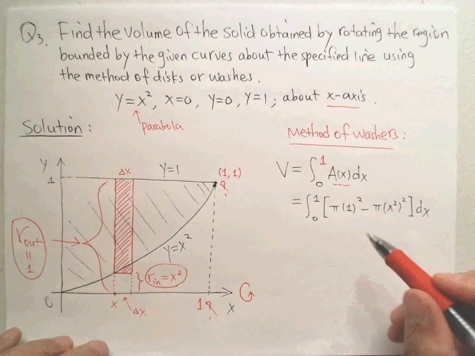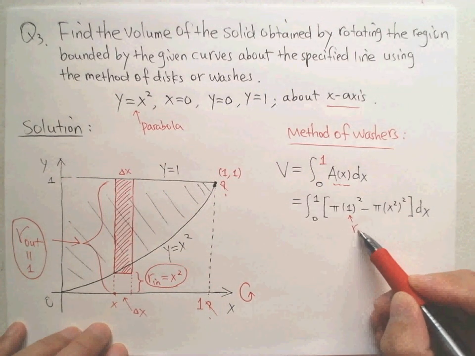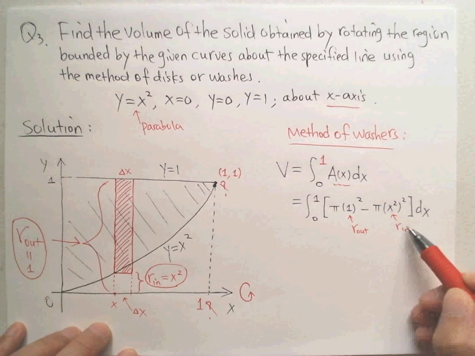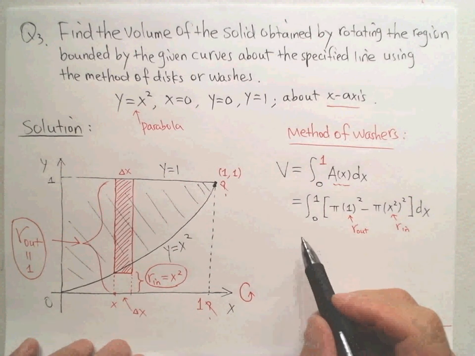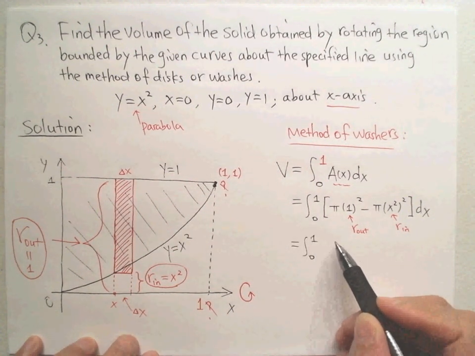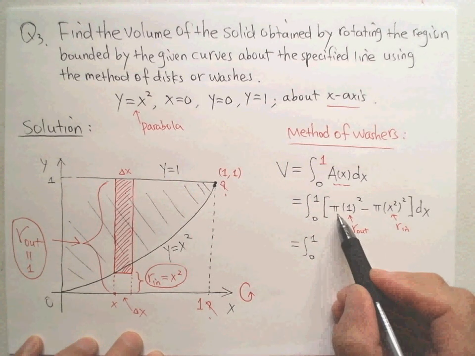The big area minus the small area gives the area of the washer, and then dx. That's the formula. Here is the outer radius, and this is the inner radius. Now it's just a calculation.